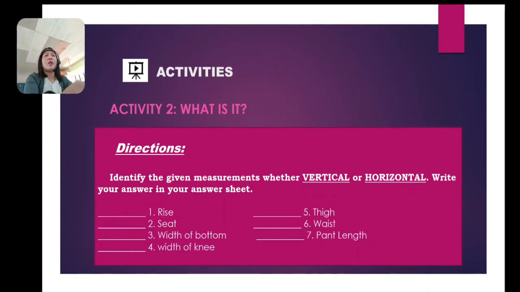You are going to write your answer in your answer sheet. So we have only seven body measurements. So you are going to identify whether that is vertical or horizontal measurements. And again, after doing that, you're going to send it on my messenger account.